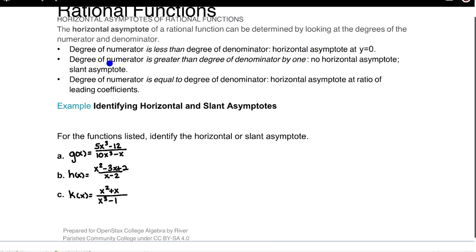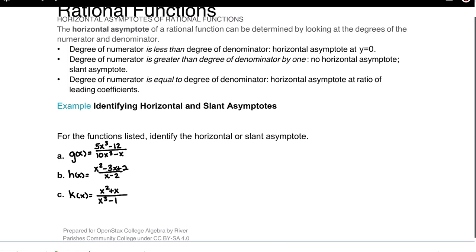If the numerator degree is greater than the denominator degree by 1, that means there's no horizontal asymptote, but instead you have what is called a slant asymptote, which again, we're not going to really jump into in depth. Just know that there's no horizontal asymptote. If the degree of the numerator is equal to the degree of the denominator, then the horizontal asymptote is at the ratio of the leading coefficients.